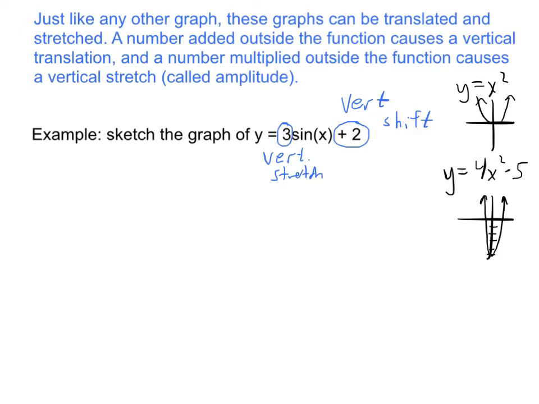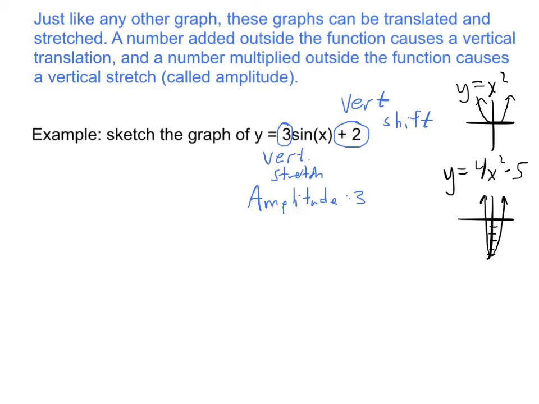In trig, with periodic graphs, that 3 is referred to as the amplitude. Technically it's the absolute value of whatever was there, so if it had been -3, the amplitude would still be 3. So this graph has an amplitude of 3, which means instead of going up to 1 and down to -1, it's going to go up to 3 and down to -3. It's going to be stretched to be 3 times taller.